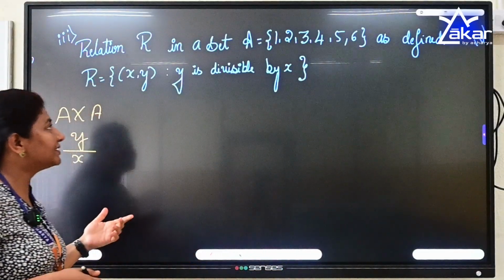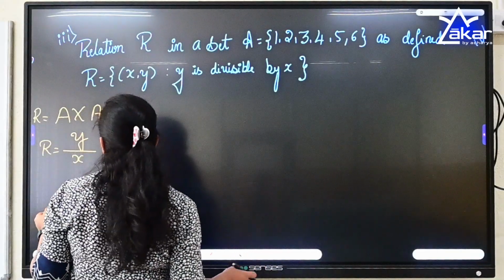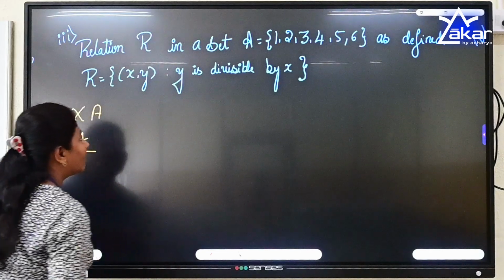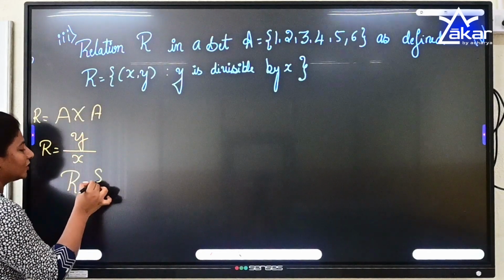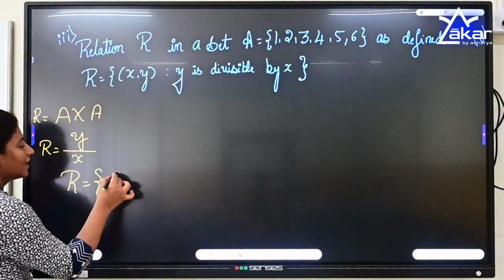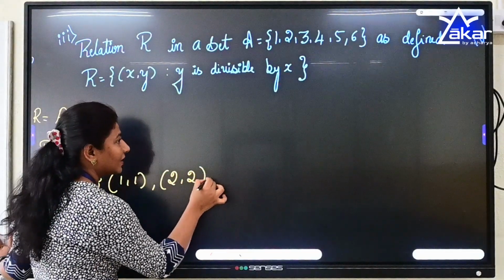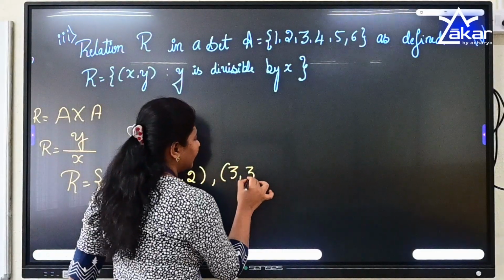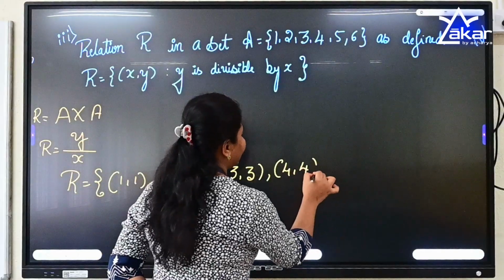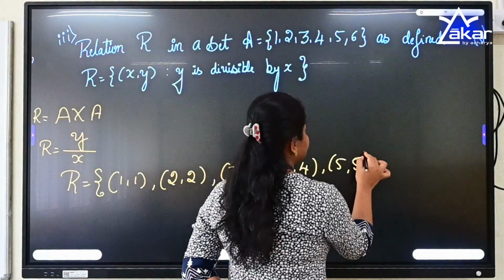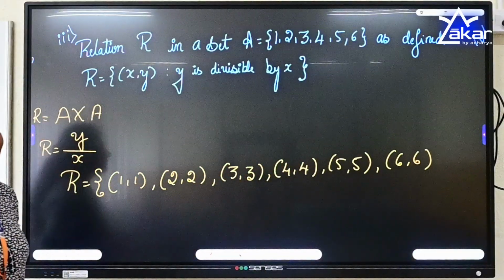So according to the given conditions, let us find the values of R. R is equal to, as I previously told, (1, 1), (2, 2), (3, 3), (4, 4), (5, 5), (6, 6) can be present, that is, having their own reflexive.